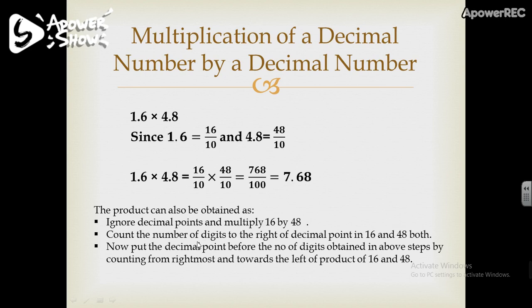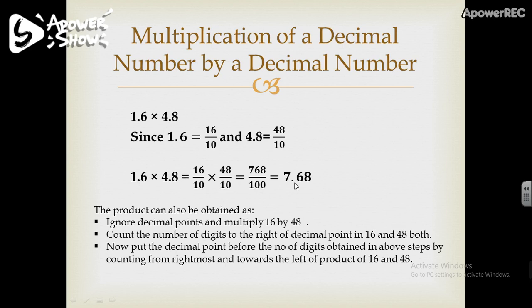Now count the number of digits to the right of the decimal point in 1.6 and 4.8 both. In 1.6 there is only one digit after the decimal point, and in 4.8 there is one digit after the decimal point. So overall you have two digits after the decimal point.